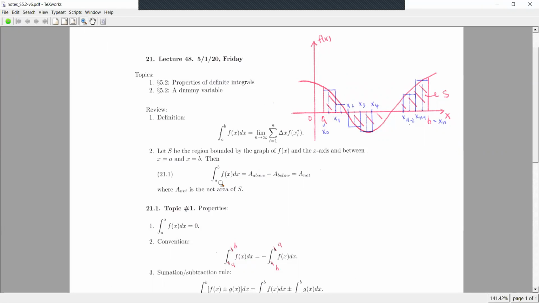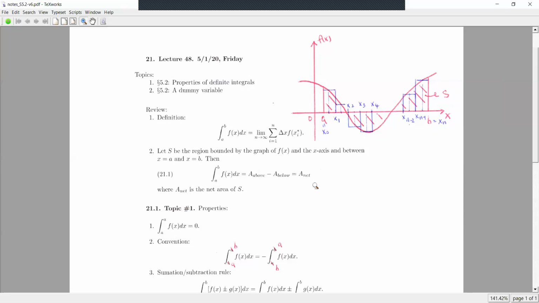Then the integral from A to B of the function f is the net area of the region S. By definition, net area is the total area that lies above the x-axis minus the total area that lies below the x-axis.